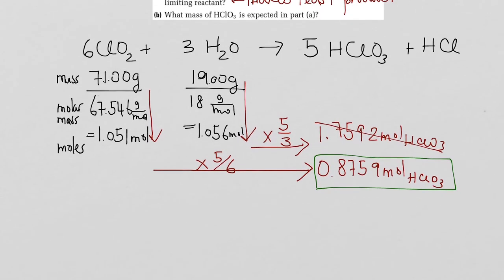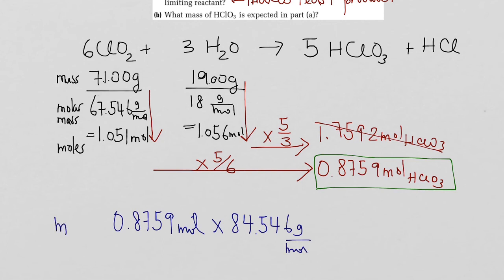So now knowing how many moles were made, we can then, I'm going to write on a separate line, use the number of moles multiplied by the molar mass of HClO3. So that would be 84.546 grams per mole.